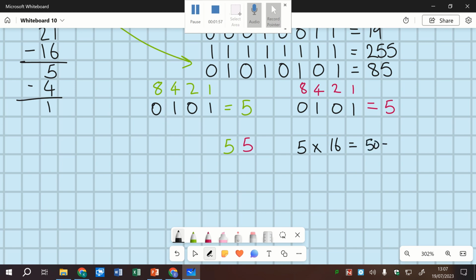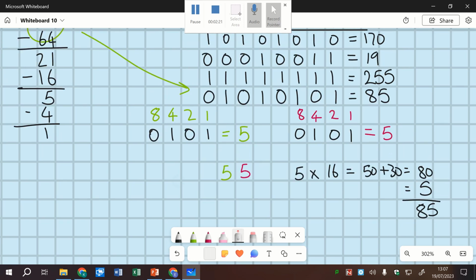So 50 plus 30 is 80, and then I've got to add on that 5 as well, plus 5, and it gives us 85. So 55 in hex is the same as 85 in denary. Well, it ought to be, because that's what we put up on our score just here.